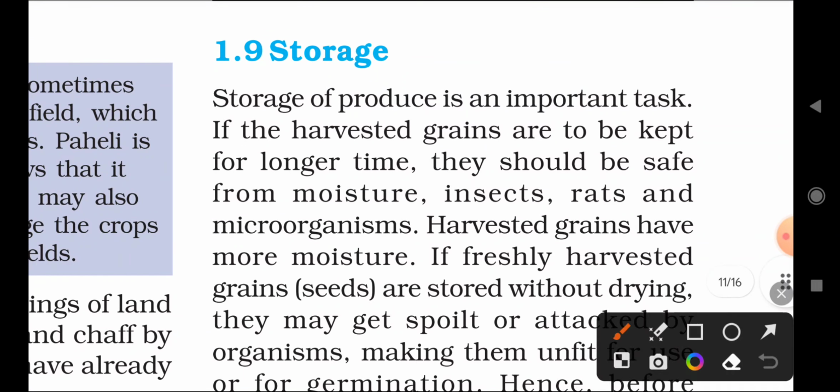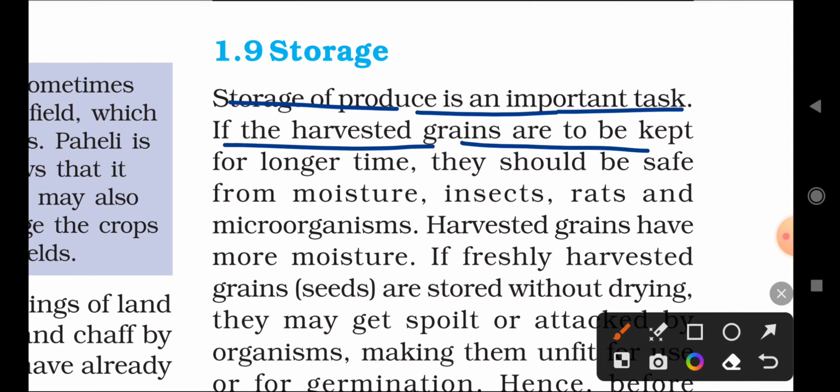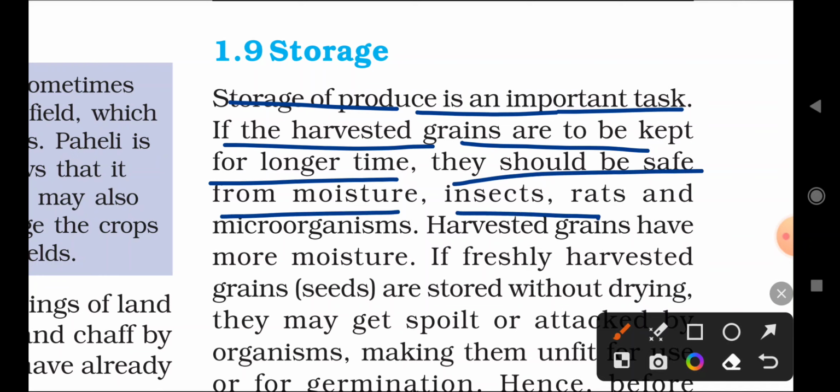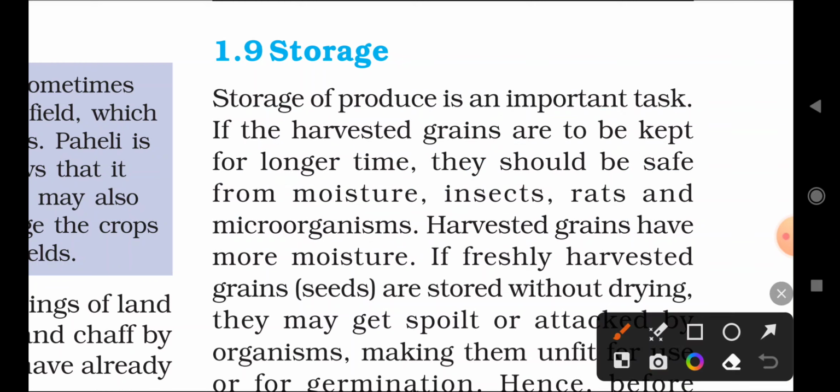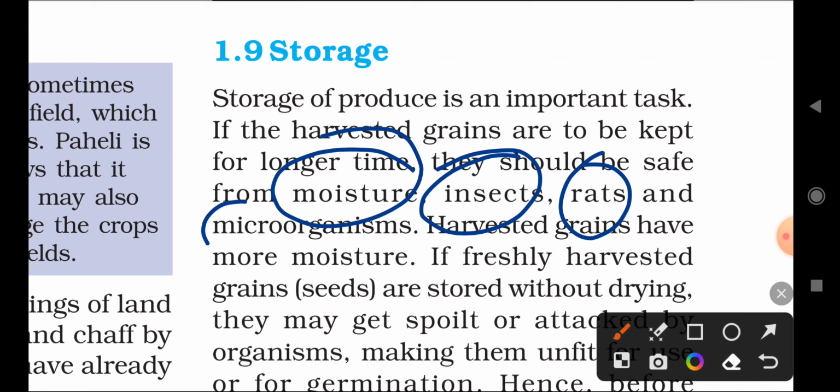The storage of produce is an important task. If the harvested grains are to be kept for a long time, they should be safe from moisture, insects, rats, and microorganisms. If you want to store the crops for a longer time, they should be protected from moisture, insects, rats, and microorganisms.